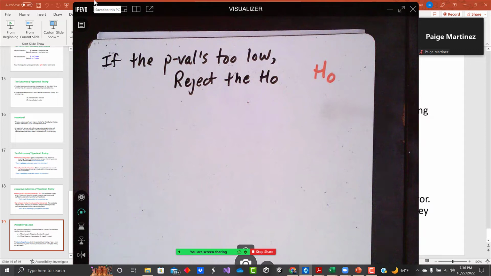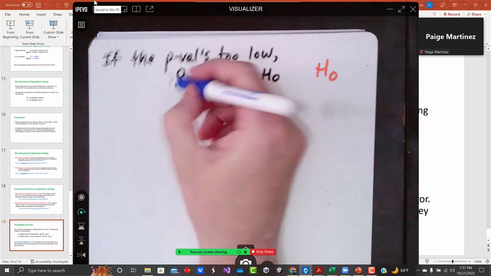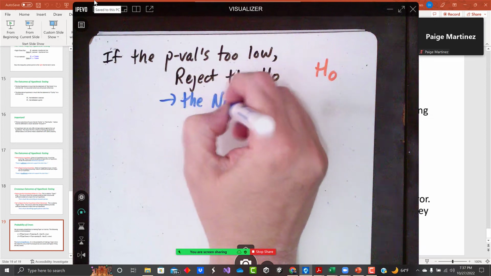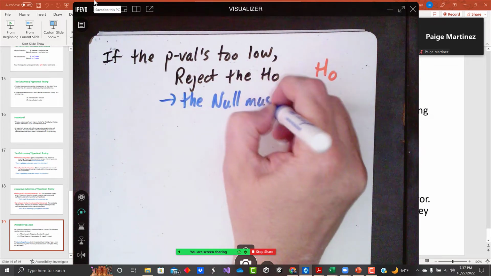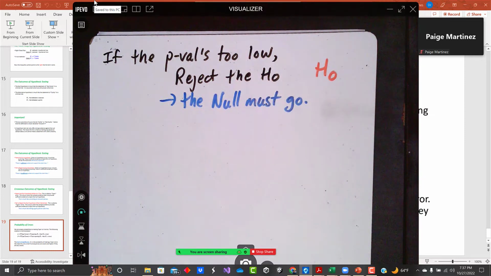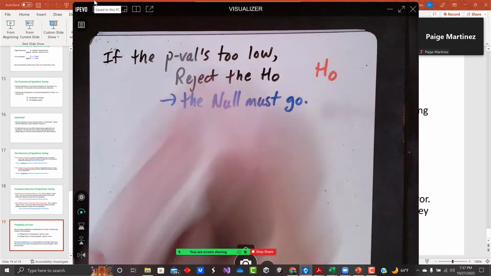If you don't like saying reject the HO, a variant of this is if the p-val is too low, the null must go. I don't think that sticks in my memory very well. That's the only line you've got to remember: if the p-val is too low, reject the HO.